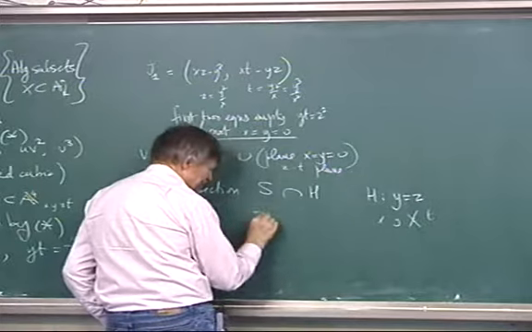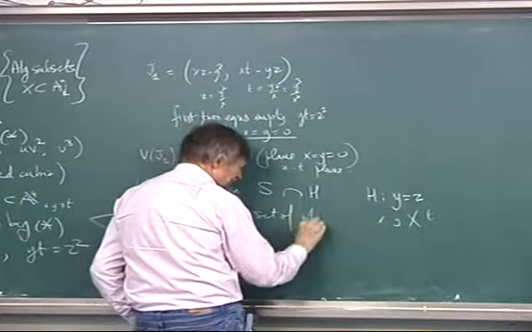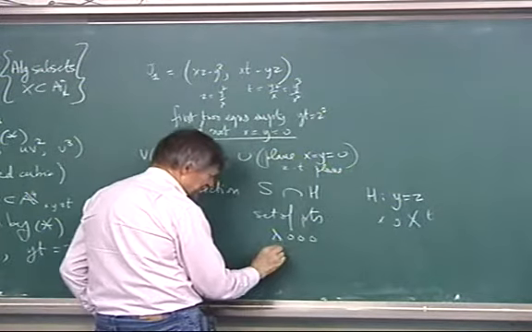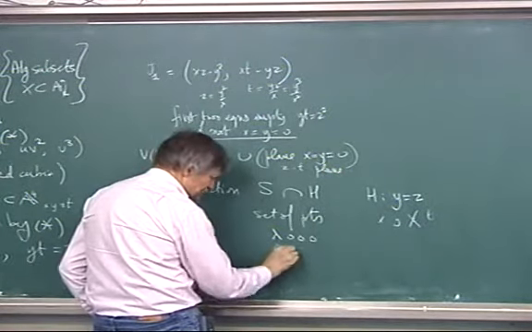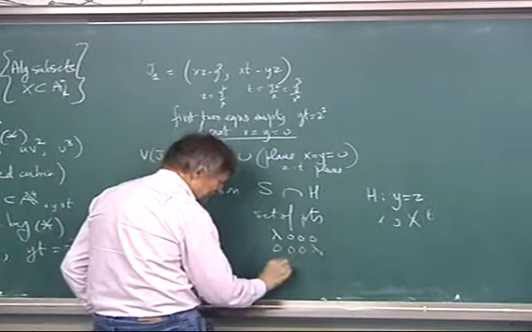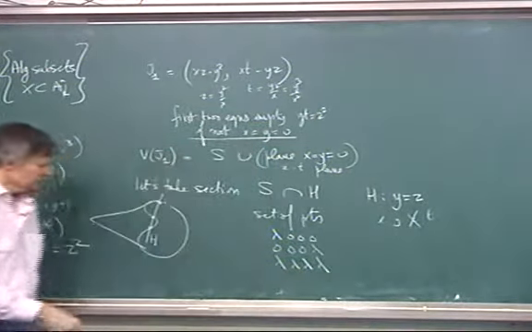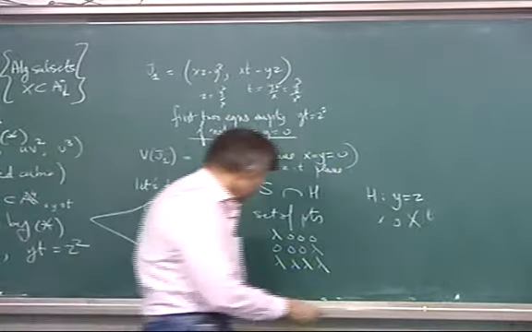So this is the set of points (lambda, 0, 0, 0), and (0, 0, 0, lambda), and (lambda, lambda, lambda, lambda). So this is the union of 3 lines.